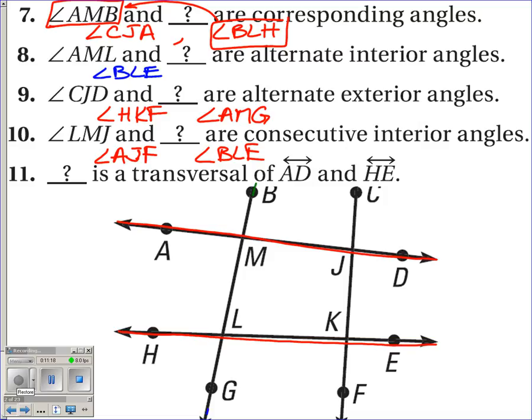We've got this transversal here, so I'd say line BG is a transversal, and again, that's a line, so I have the arrows on either side. Or line CF. Here's another transversal, and these are the two lines that are crossing line AD and line HE. So there we have problems 7 through 11.